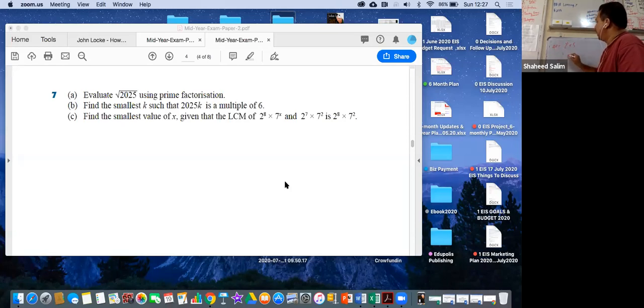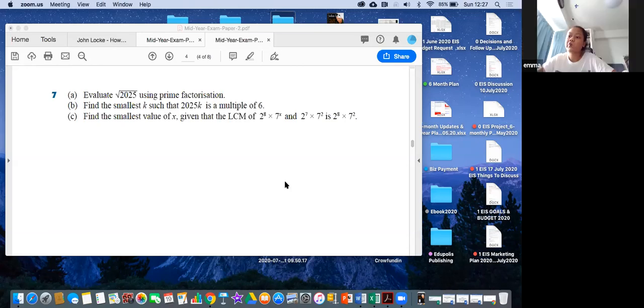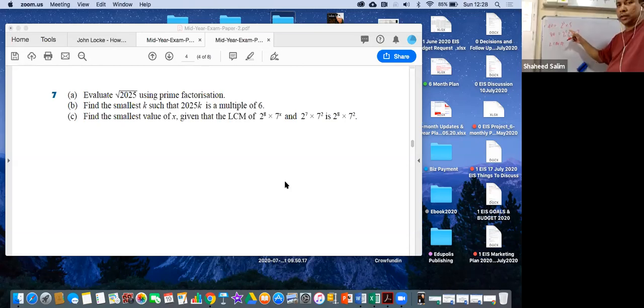Let's say we have another number, 2 to the power 2 times 3 times 7. This is 12 times 7, which is 84. Now, you want to find the LCM. What is the LCM of the two numbers?